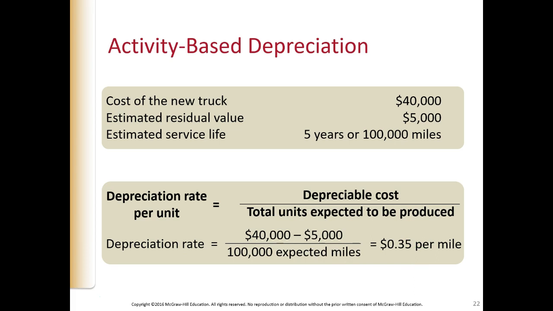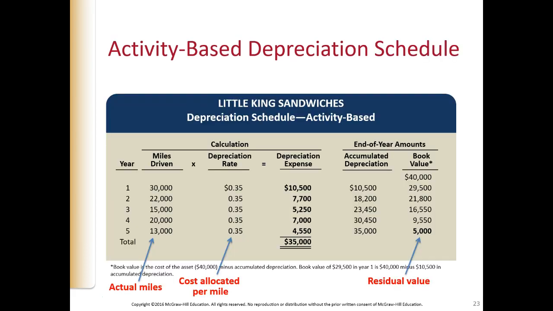The depreciation expense will be based on how many miles we drive each year. So in this case, in the first year, if we drive 30,000 miles, we take the 30,000 miles times 35 cents to get 10,500 depreciation expense. Accumulated depreciation goes up, book value then drops. The second year, these are miles.